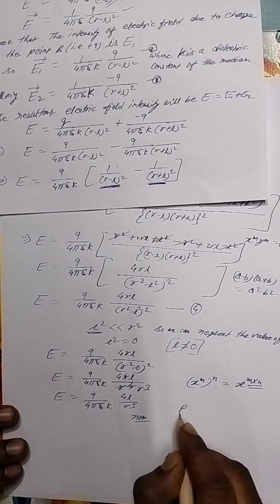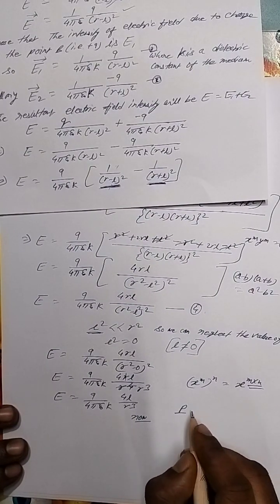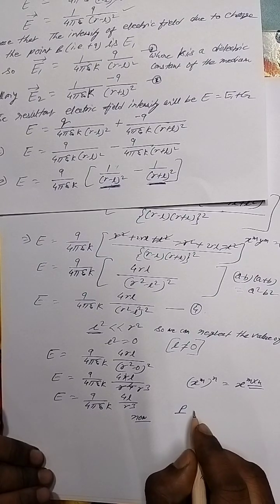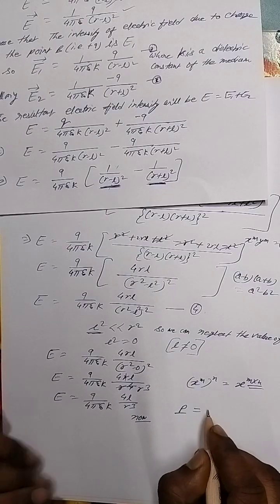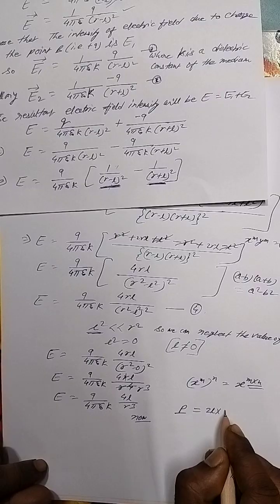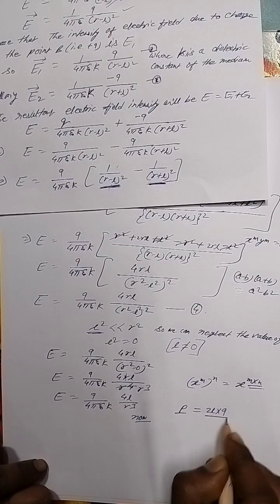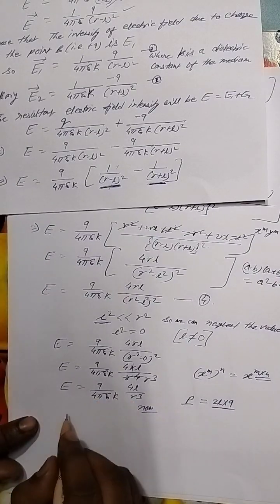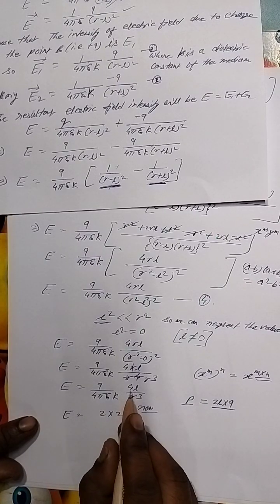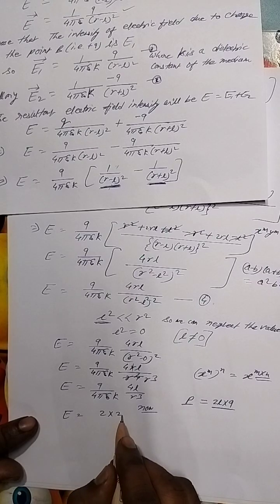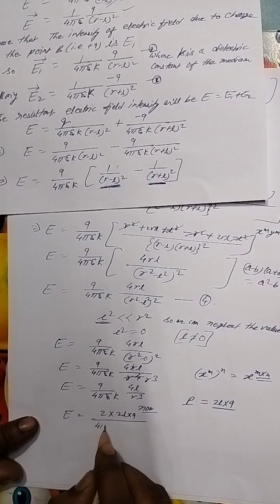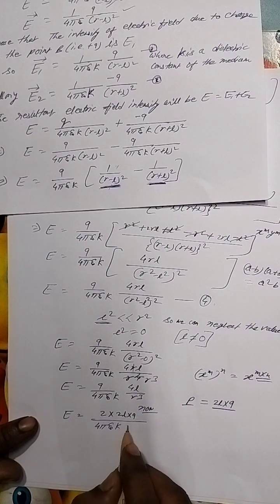Now P is equal to the dipole moment of the electric dipole. P is equal to the length of dipole, that is 2l, multiplied by the charge, 2lq. Put here E is equal to 2 into 2, we can write 4 in the form of 2 into lq upon 4 pi epsilon 0 k r cube.